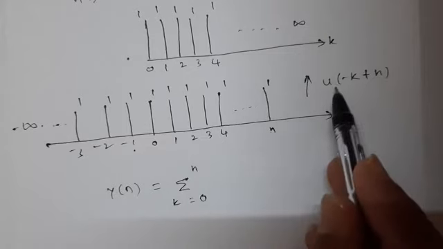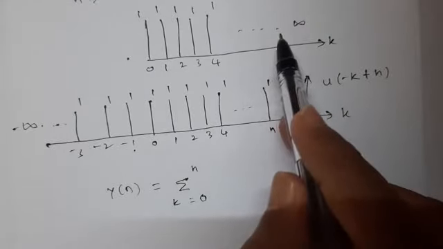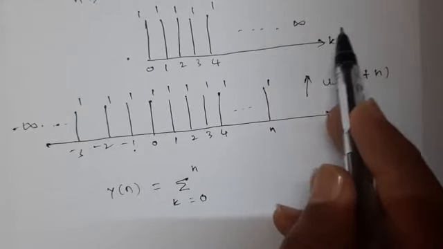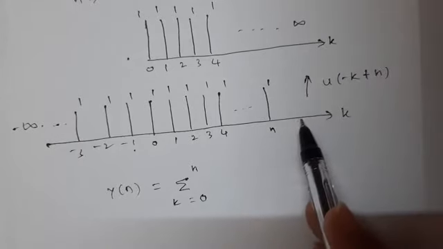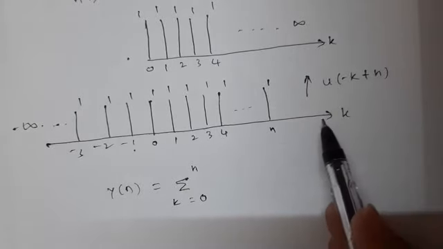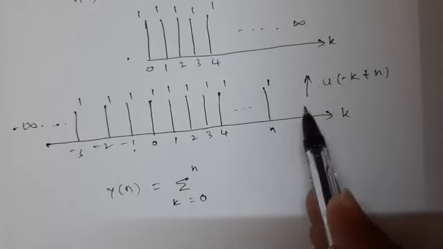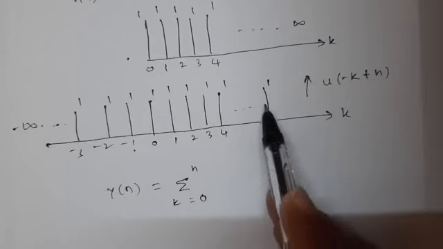After 10 for u of minus k plus n, I don't have any samples. But since it is u of k, after 10 it has samples towards plus infinity. So at 11 it is 1, but at 11 I don't have any value. So 1 into 0 is 0. At 12 it is 1, but here I don't have any samples. So 1 into 0, again 0. So only till n, which assumes some positive value, you have the samples.